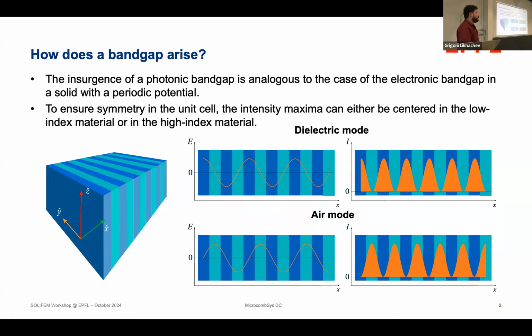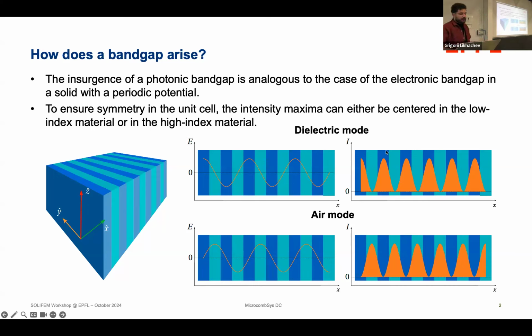We talk about band gap when we have photonic crystals, and I'm going to show you why. Maybe it doesn't make any sense now, but in the next slide I have an example of what the band gap is. What I would like to focus on is how the electric field and the intensity of the light look inside these stacks of different refractive index materials, in these two modes that can propagate in this kind of structure.